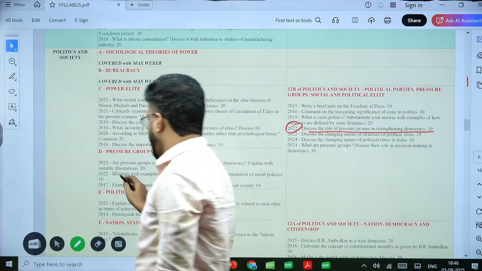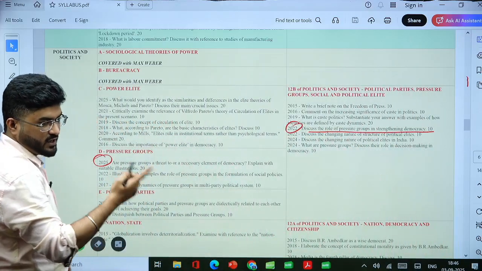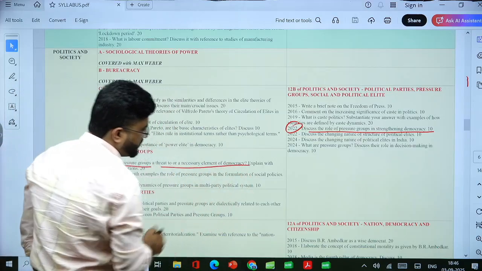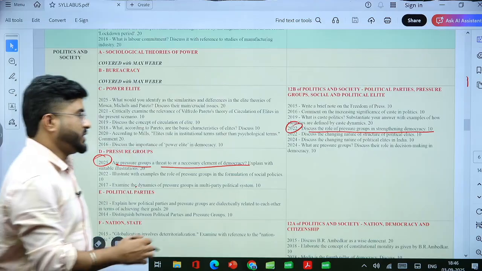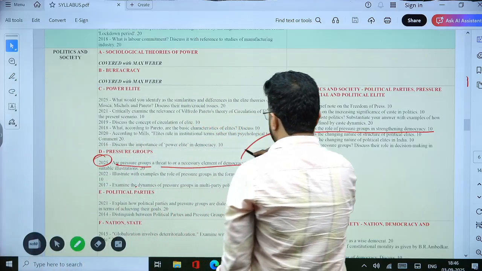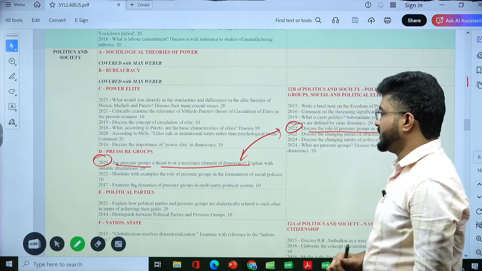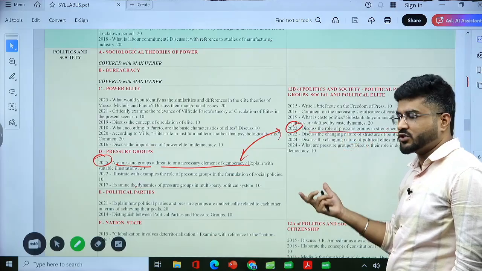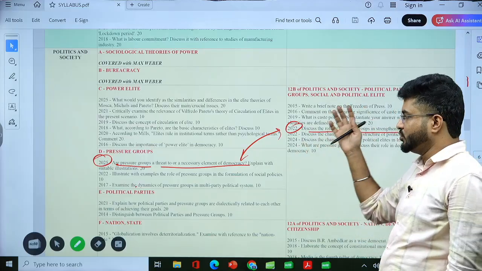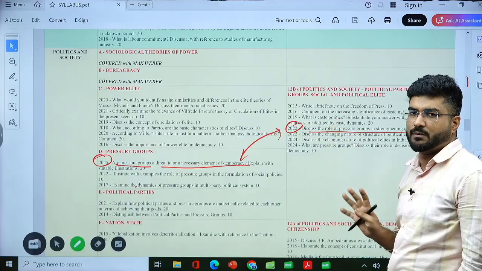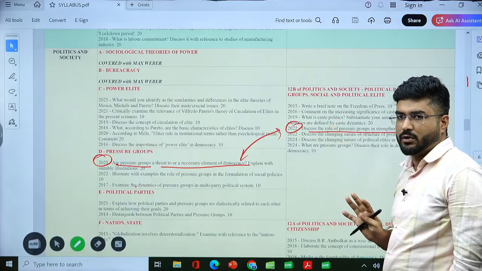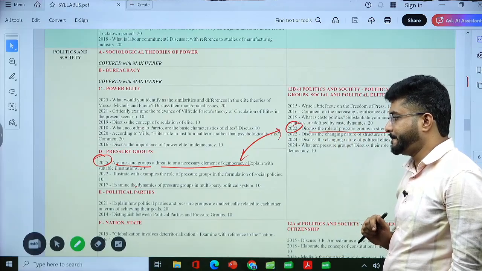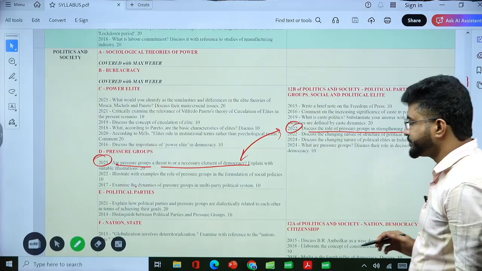In 2025, in paper 1 they have asked: are pressure groups a threat or necessary element for democracy? Can you find the connection between these two? That is the reason I always tell my students, as well as I am telling you, that you should integrate both the papers when you are reading about pressure groups or sociology in the larger frame. Done?